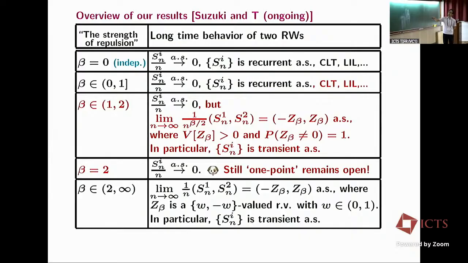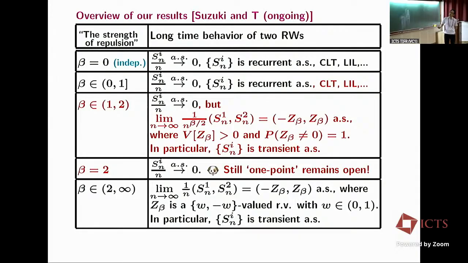But in this case, the speed of transience is slow, n to the power beta by 2, and the limit has positive variance, and it is not 0, this probability.